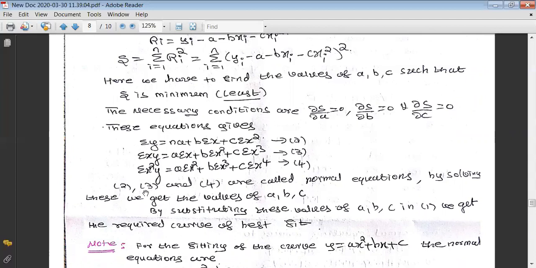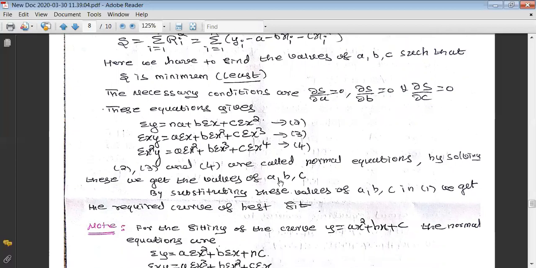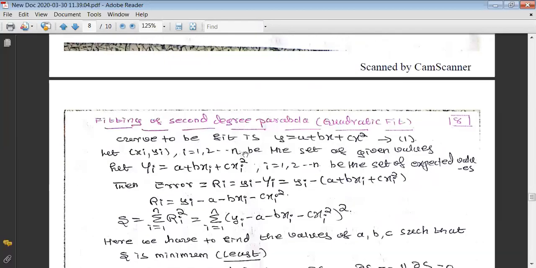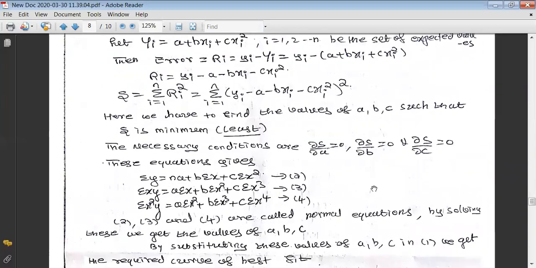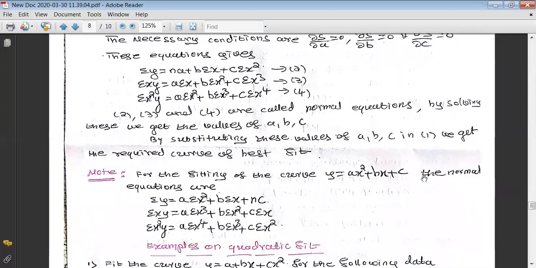By solving these normal equations, we get the values of small a, b, c, and by substituting these values in equation 1, we get the required curve of best fit. And this is one quadratic equation or second degree parabola, and alternate equation might be like this.